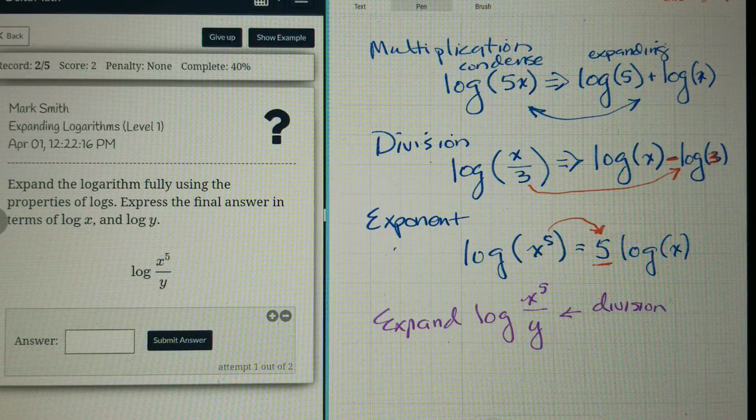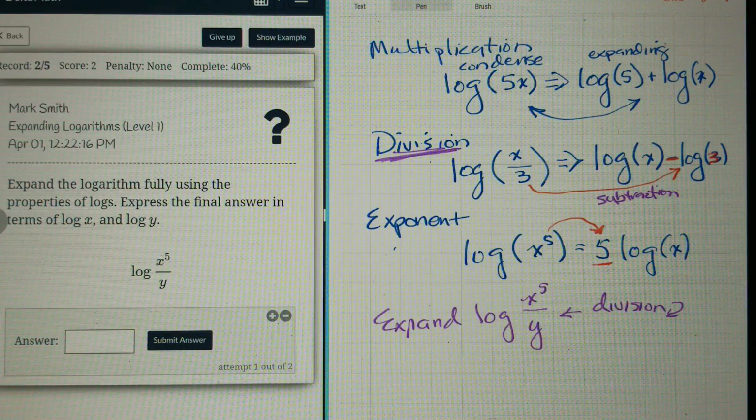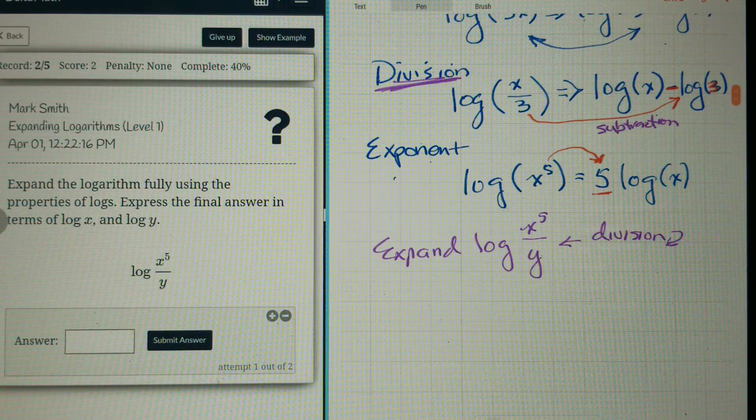To expand it, division is right here, and we want to change that to subtraction. It looks pretty simple. We just take x to the 5th, but we have this exponent here, so it looks like we're going to have an exponent rule also.